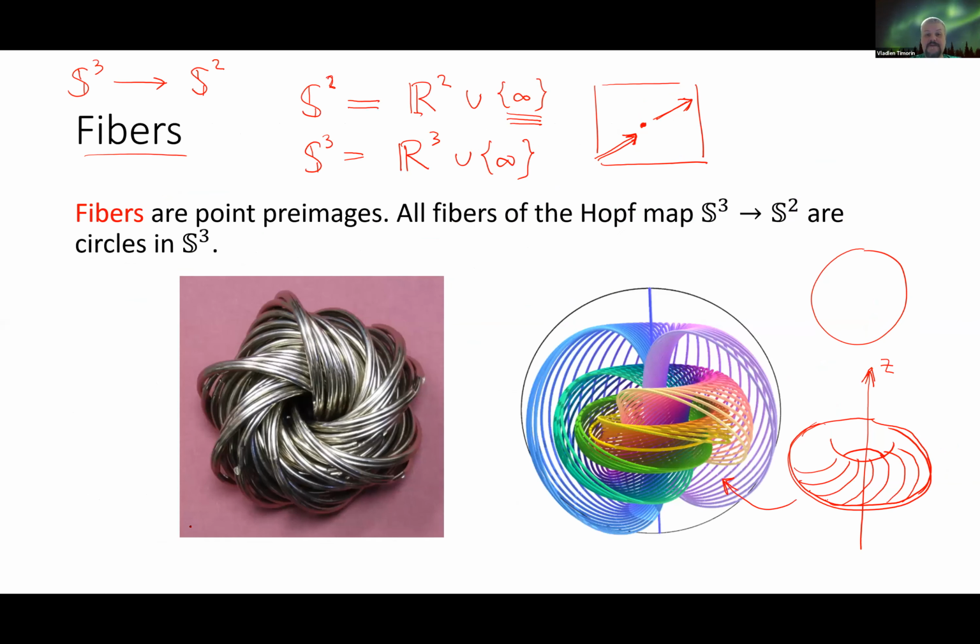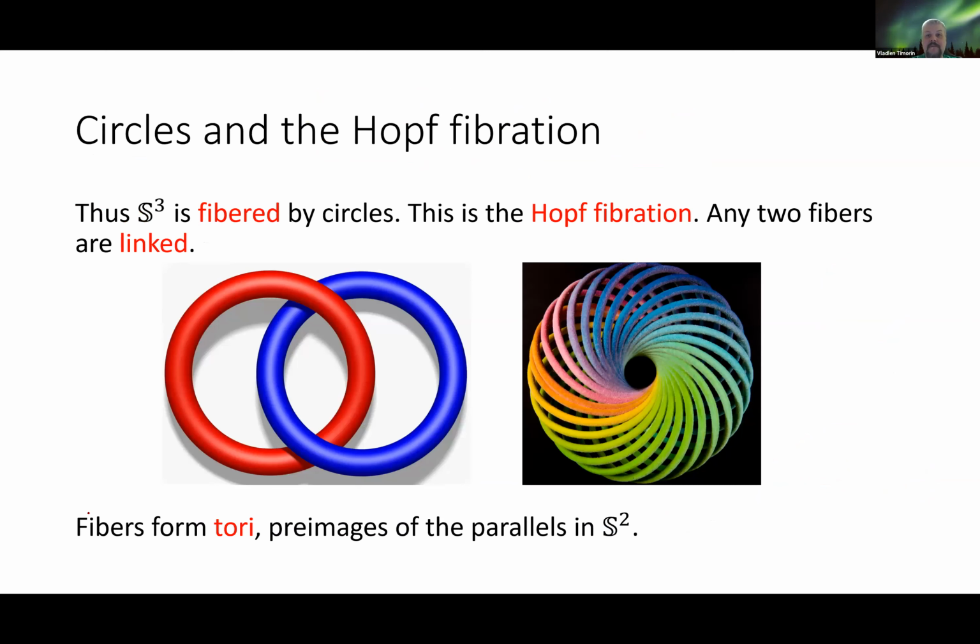All these fibers are circles arranged into tori, and it's also remarkable that any two of the circles are of course disjoint. They don't intersect because they are fibers of some map. Fibers cannot intersect, obviously.